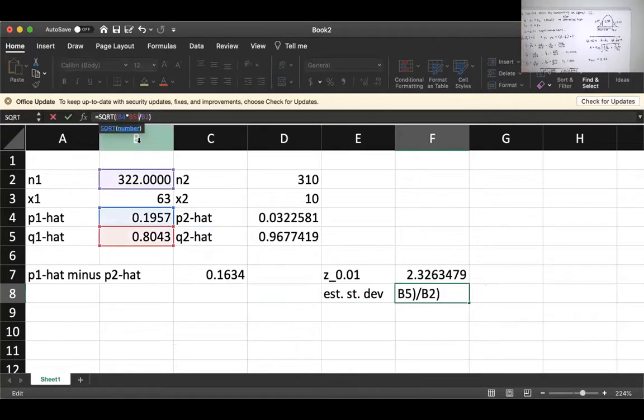I wanted to do the numerator first and then the denominator, plus open parentheses, p2 hat times q2 hat, close parentheses, divided by the sample size.